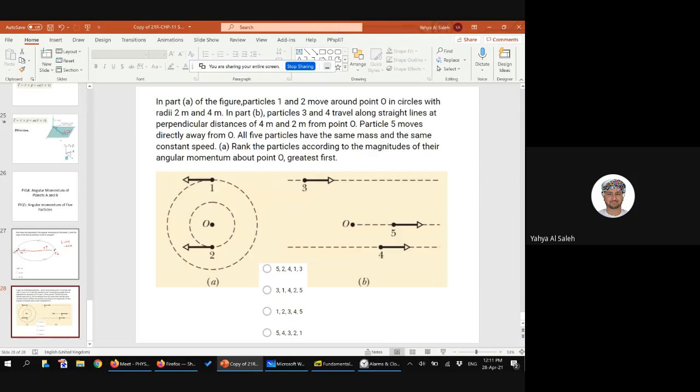We have 5 more minutes left. So I'll tell you a bit about where you have seen angular momentum before. I don't want to start a new lecture yet, but I want to tell you where you have seen this before. How many of you have taken chemistry in high school?